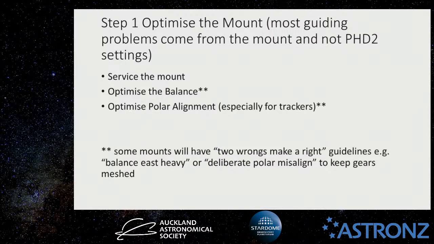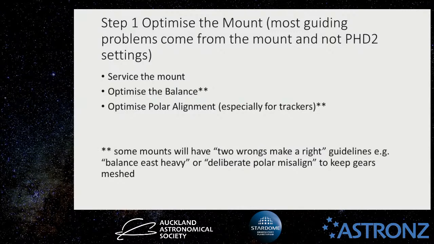And for some mounts that have a lot of backlash, they say deliberately polar misalign by 10 arc minutes, so that you don't have to keep on applying dec corrections in opposite directions. So those are specific pieces of advice for specific mounts, and they may or may not apply to you. They don't apply to Kumeu.